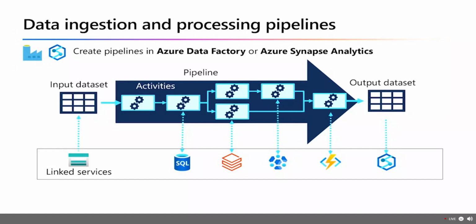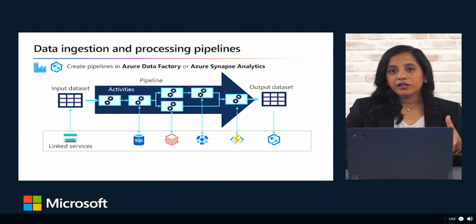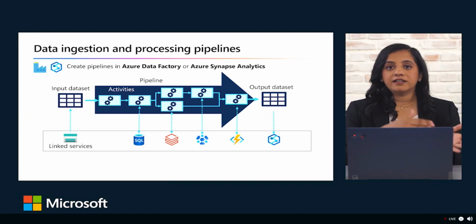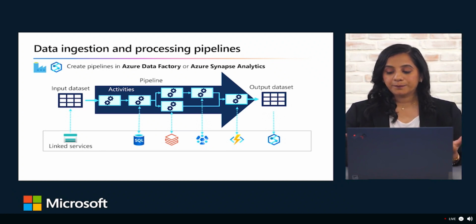And then we use services such as Azure SQL to run a stored procedure that looks up related data values before running a data processing task on Azure Databricks or Azure HDInsight, or apply custom logic using an Azure function, as you see on the screen. Finally, you can save the output dataset in another linked service, such as Azure Synapse Analytics. Note that pipelines can support some built-in activities like copying data, which do not require any linked service.